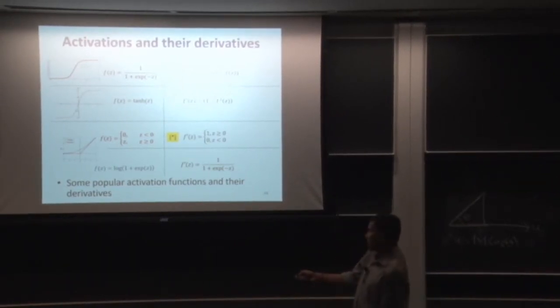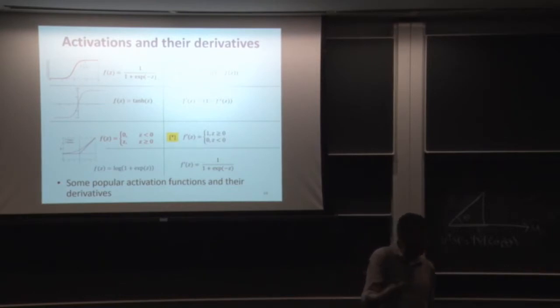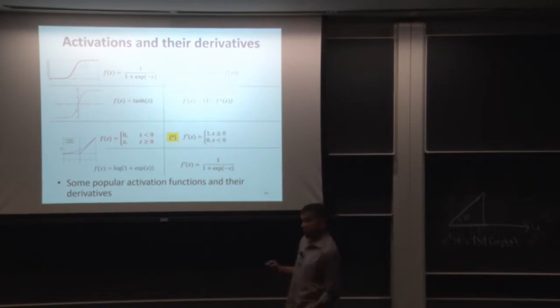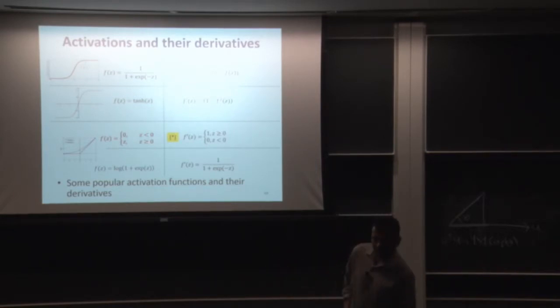So the argument ends up becoming just 1, and what is log of 1? 0. On the other hand, if z is a large positive number, what is e raised to z? Some large positive number. Adding 1 to it makes no difference at all. So this log of 1 plus e raised to z simply becomes z. And so it's a nice smooth version of the rectified linear unit. So those two are used, and the derivative for that is given here.